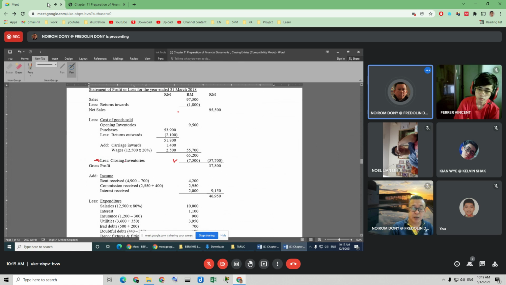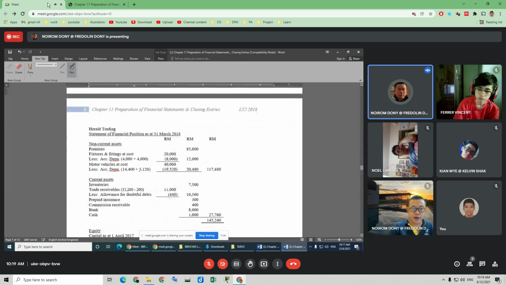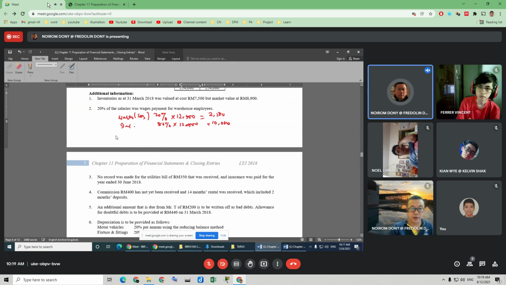Okay, this is the credit entry. And where is the debit entry? The debit entry is when we provide under current asset, 7,500. So this is the debit entry here. That is for the first information.